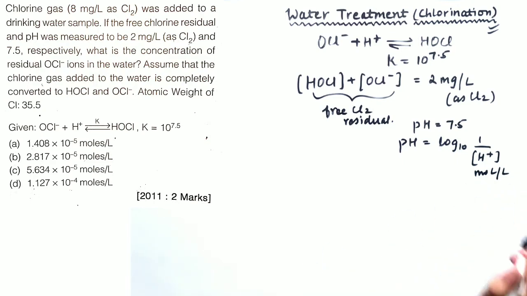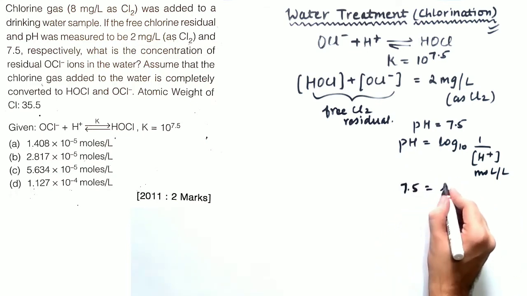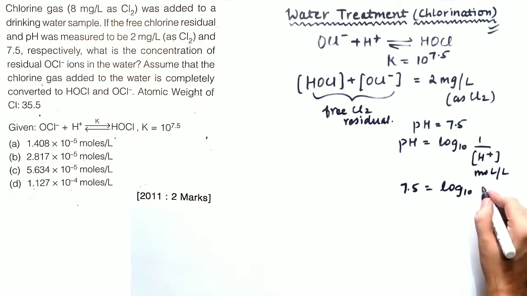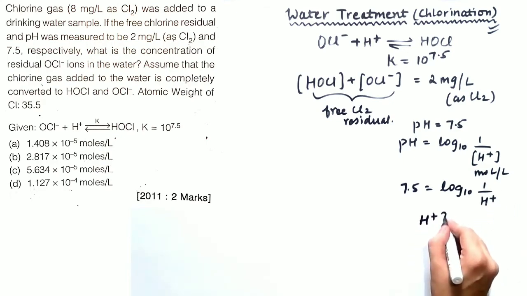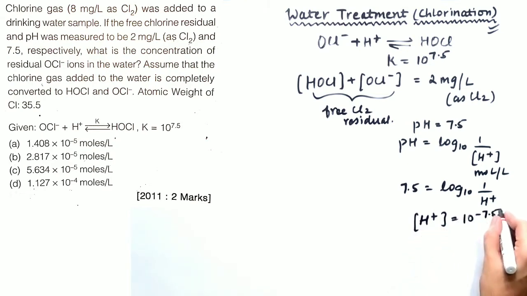So put the value of pH as 7.5, and clearly the H positive concentration will be 10 to the power minus 7.5 moles per liter. I hope this much is clear to you all.